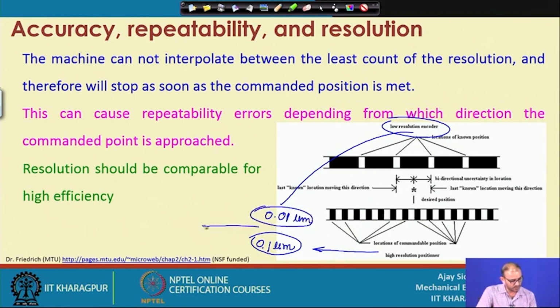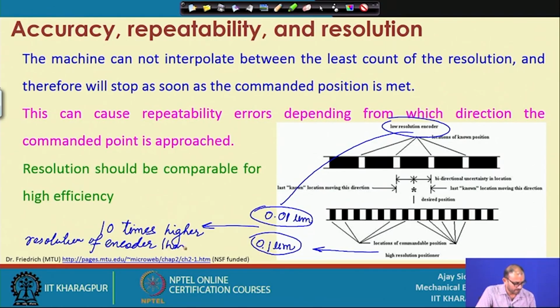So, at least it should have 10 times higher resolution of the encoder than the motors or controller.